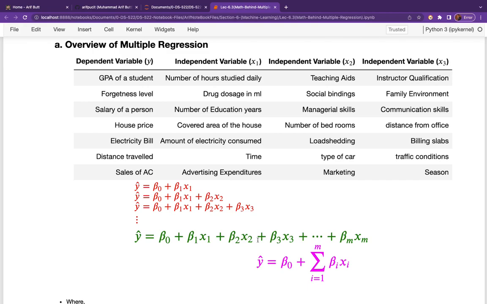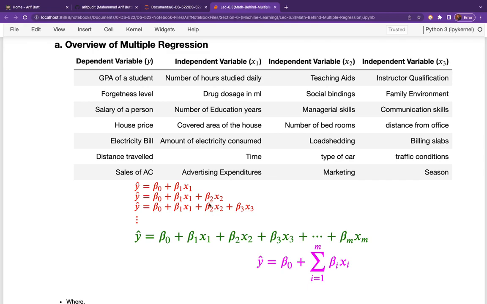One more thing, my dear students, in case of a single input feature, the mathematical model is the equation of a line, that is y hat is equal to beta naught plus beta 1 x1, which of course we did in our last session. In case of two input features x1 and x2, the model is the equation of a plane, that is y hat is equal to beta naught plus beta 1 x1 plus beta 2 x2, and can of course be visualized using a three-dimensional plot.